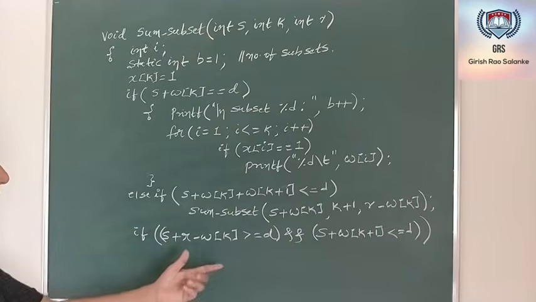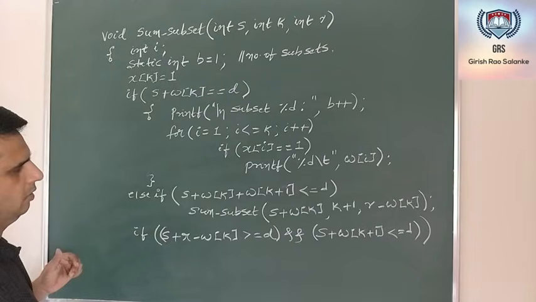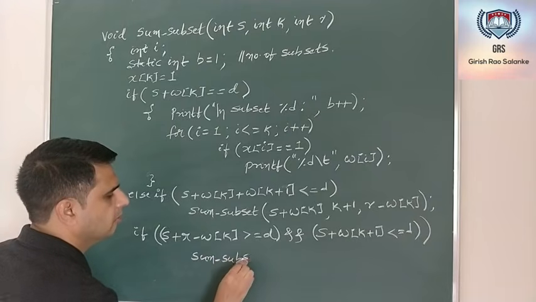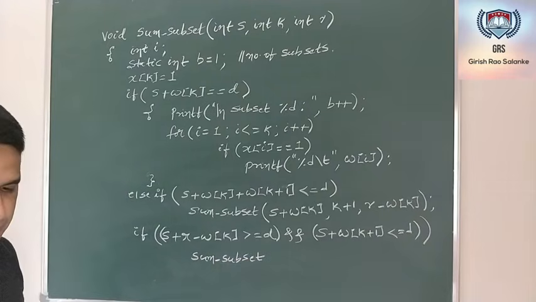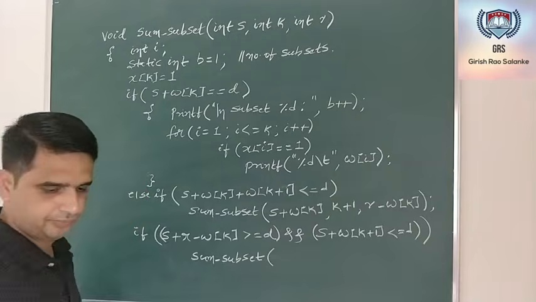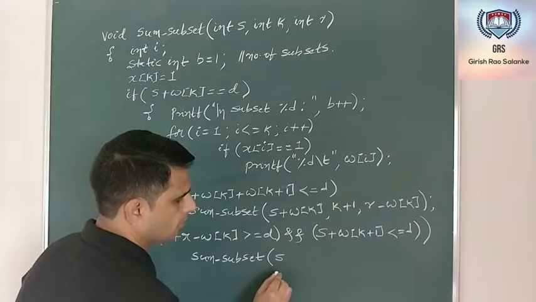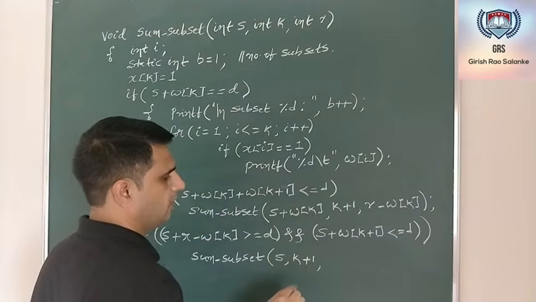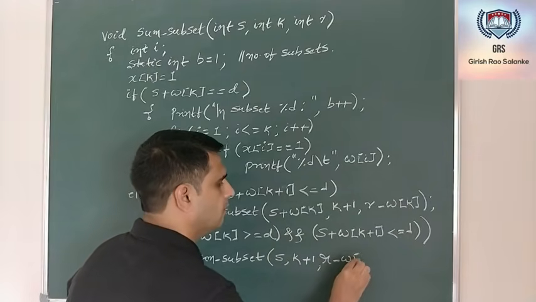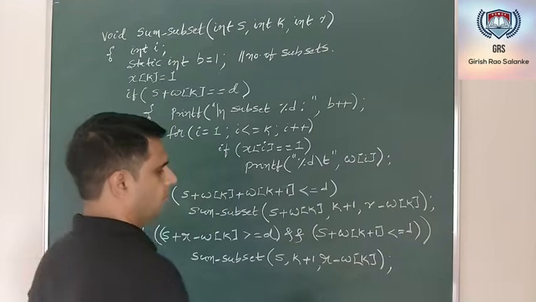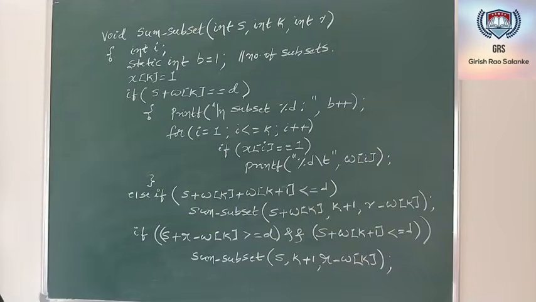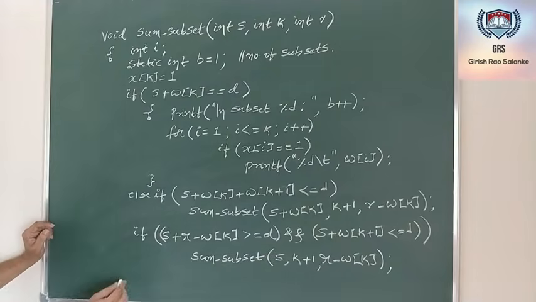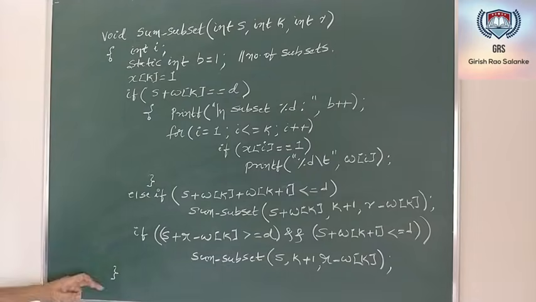If any of these conditions is true, call sum subset of s, comma, k plus 1, comma, r minus wk. Close this function.